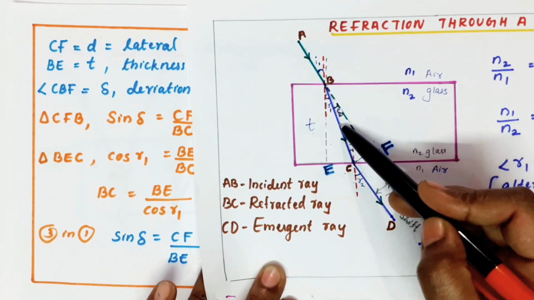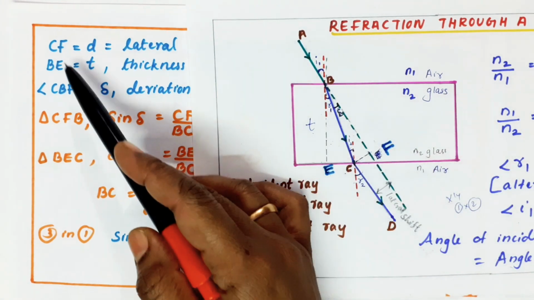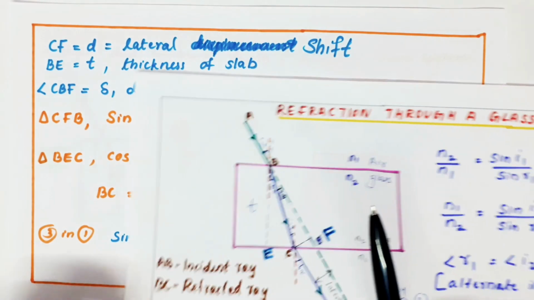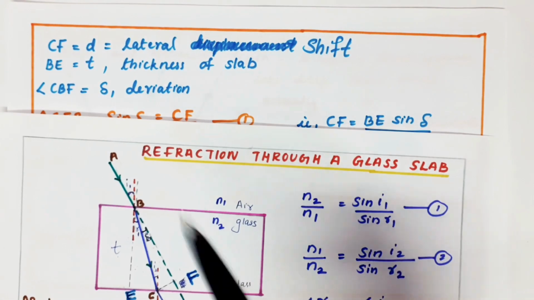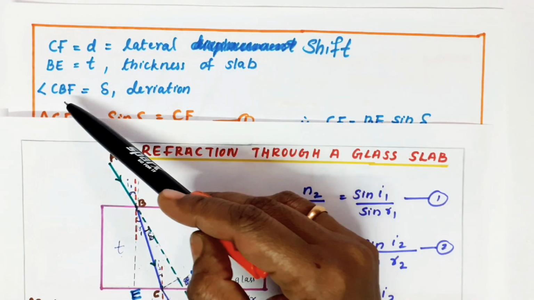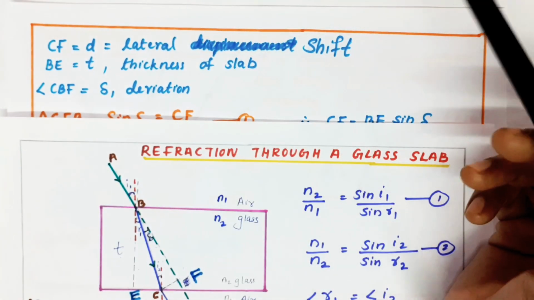That means the refracted ray, this much angle it got deviated. So I wrote here CF is called the lateral shift or lateral displacement, and BE is called the thickness of the slab. Angle CBF is delta, that is called the deviation.